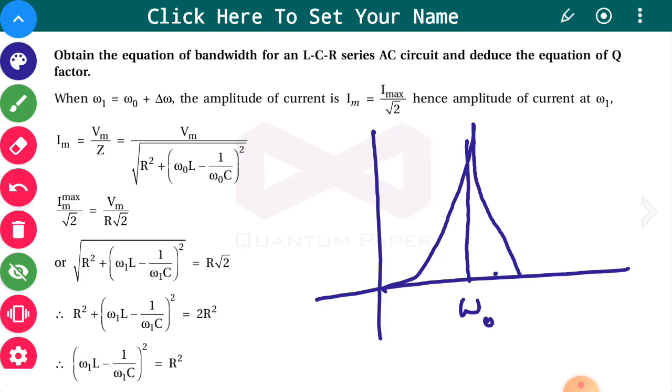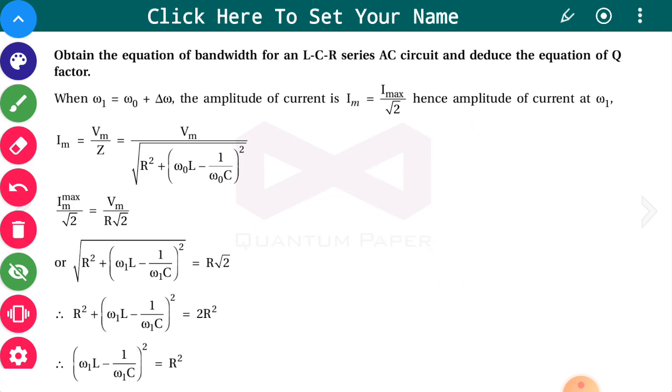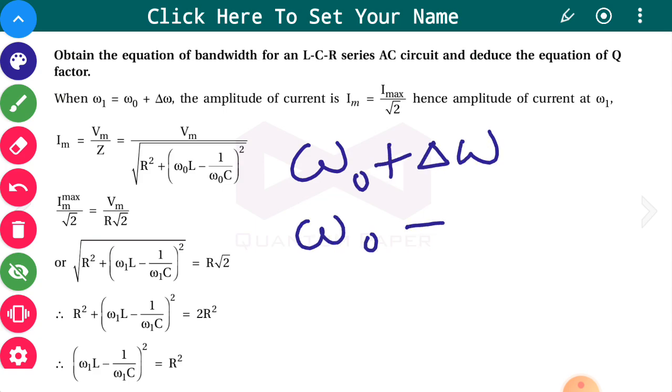Slightly away, say delta omega this side and delta omega this side, this particular gap is known as bandwidth. So these values, either omega 0 plus delta omega or omega 0 minus delta omega, this is called the bandwidth.